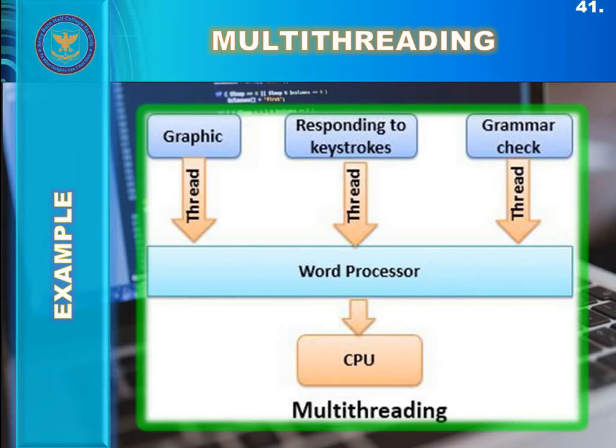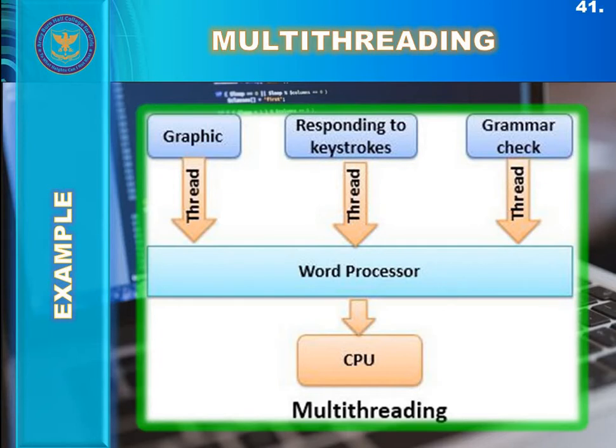Meaning, inside one MS Word program, you can use dozens of options, dozens of instructions, dozens of threads. So a user is typing a paragraph. I'm giving you a supposition, an assumption that a user is typing a paragraph on MS Word, but in the background one more thread is running and checking the spelling mistakes.